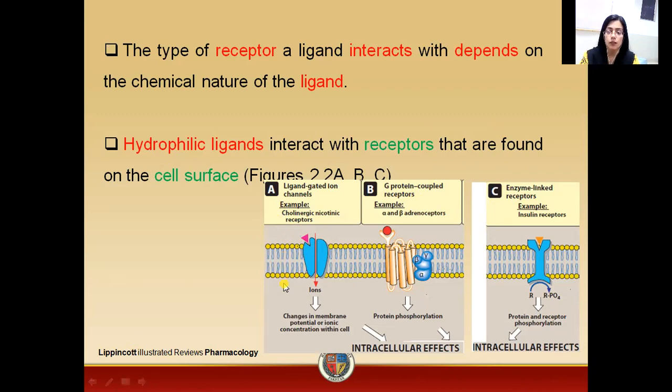These are water soluble, so these will bind themselves to the extracellular surface of the cell that is present outside the lipid bilayer. As a result of this interaction, there will be formation of drug receptor complex. There will be conformational changes in the receptor. As a result, there will be an intracellular response.